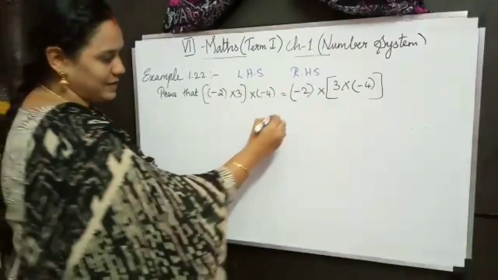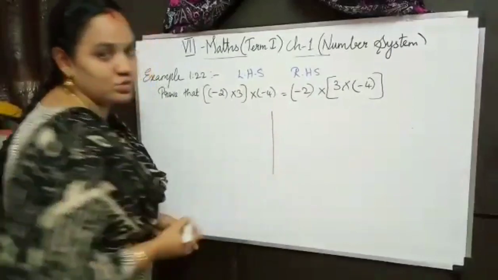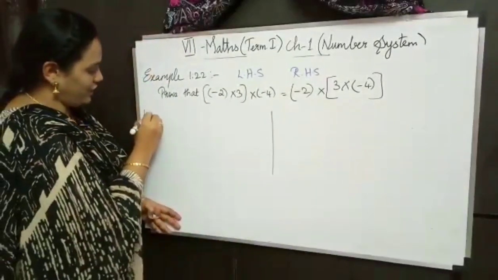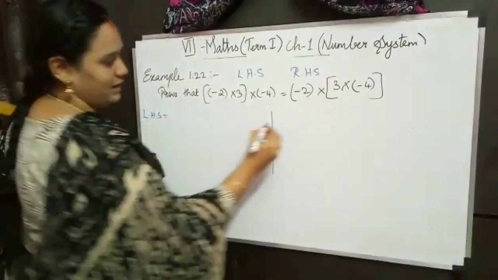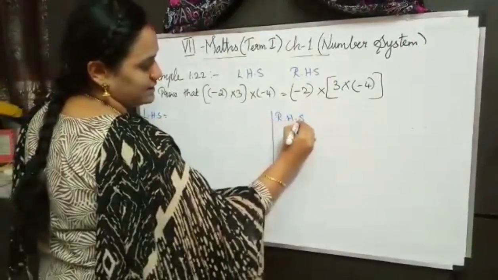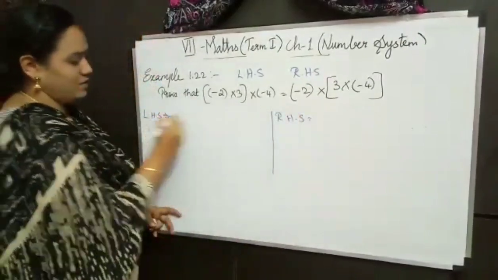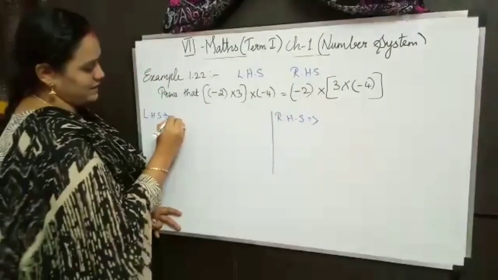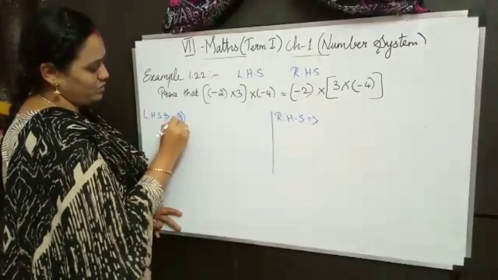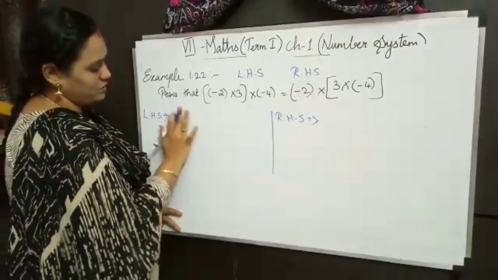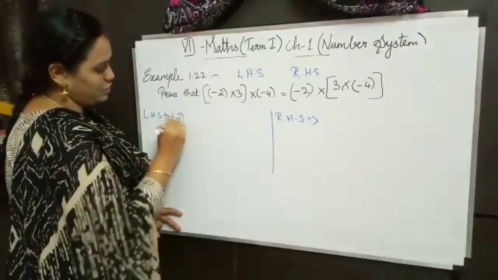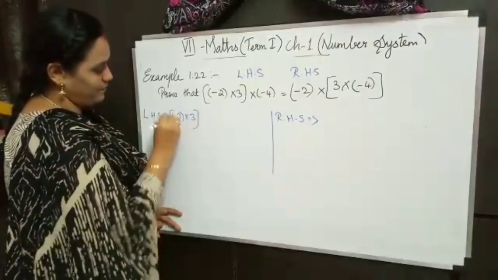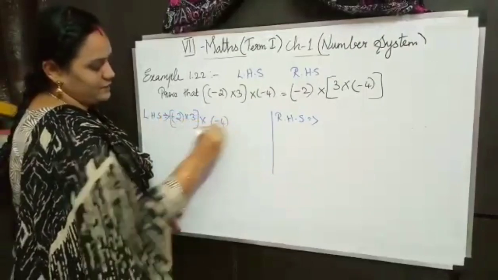So now I am splitting this into 2. So this side I am going to find out the left hand side answer and right hand side answer here. So the left hand side is minus 2 into 3 into minus 4.